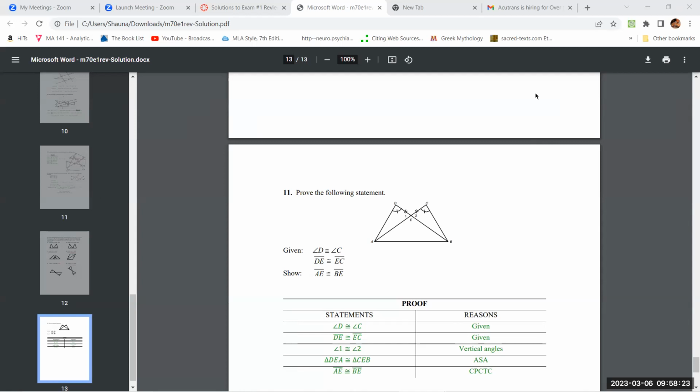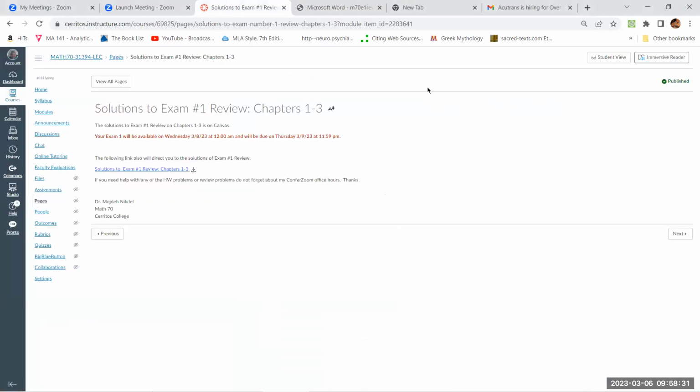Oh, okay. Let me stop this and go to the PowerPoint slides here. Is this the CP? No, I think that's 3.2. These are what you were asking about, 3.1 is all about angle side angle and side angle side, and proving triangles congruent.